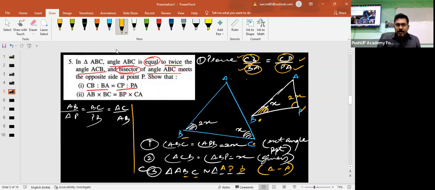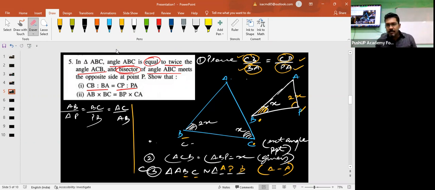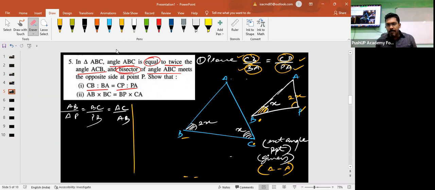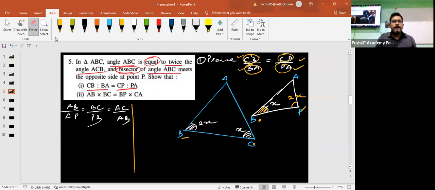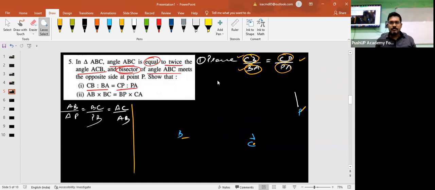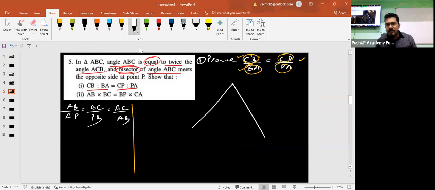Where is the original figure? I erased it. This was the original figure, no?